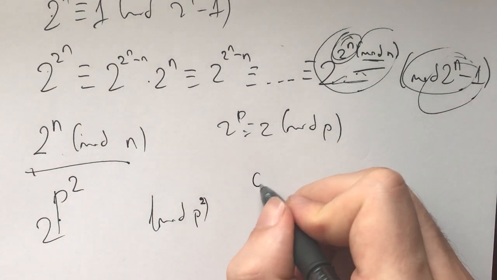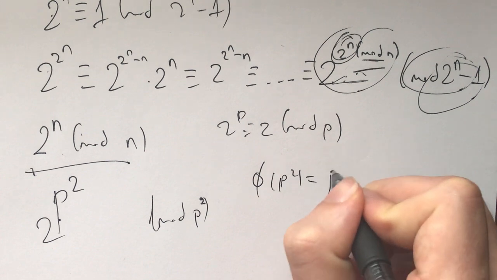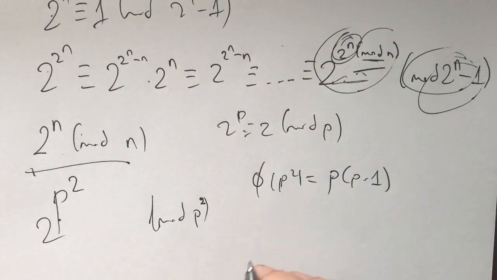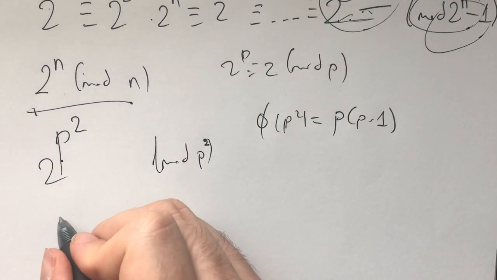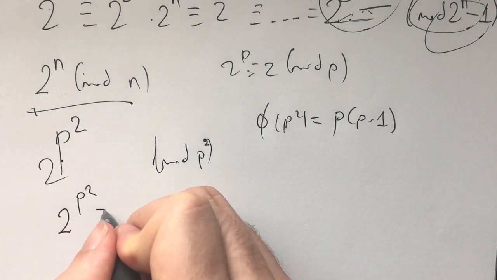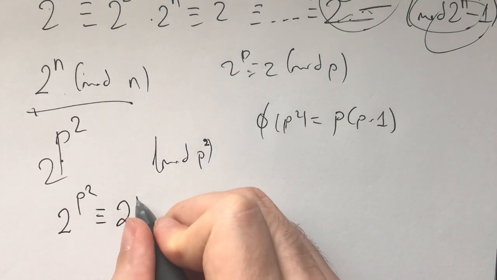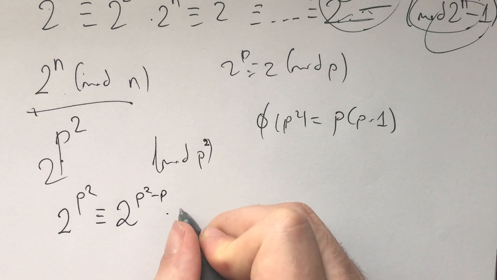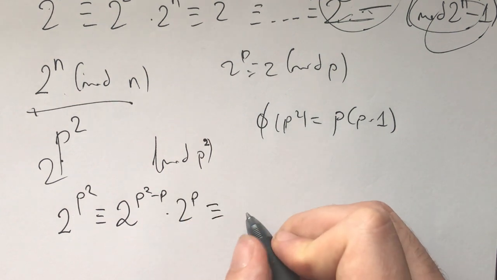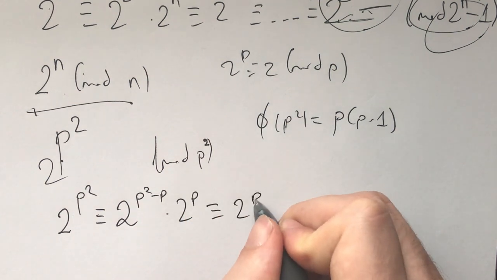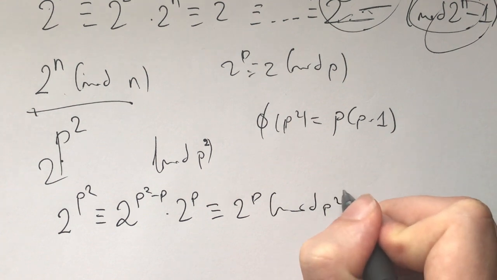Well, we know that phi of p squared is p times p minus 1. So 2 to the p squared is congruent to 2 to the p squared minus p times 2 to the p, which is congruent to 2 to the p modulo p squared.